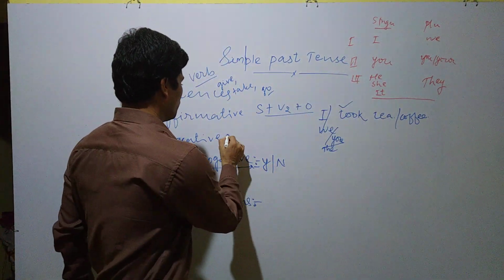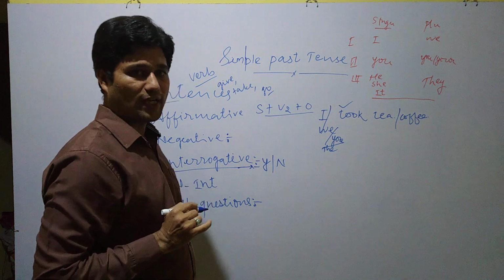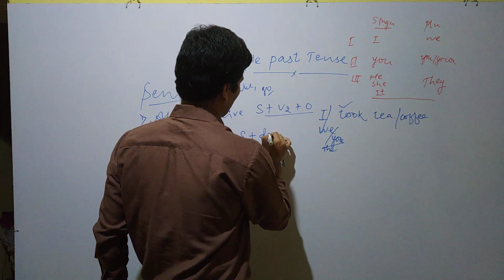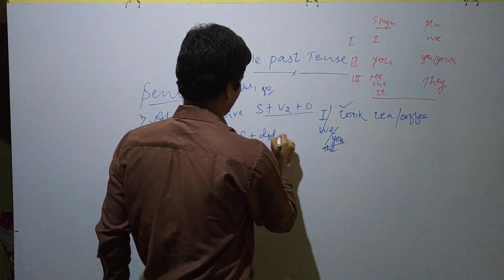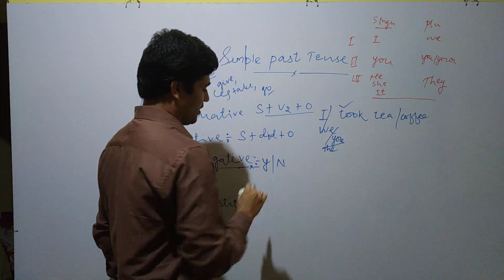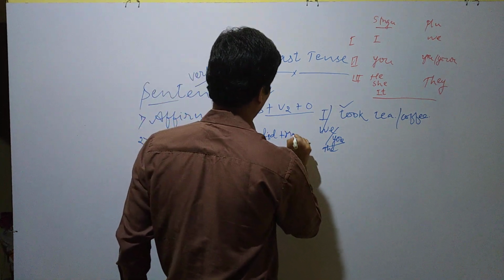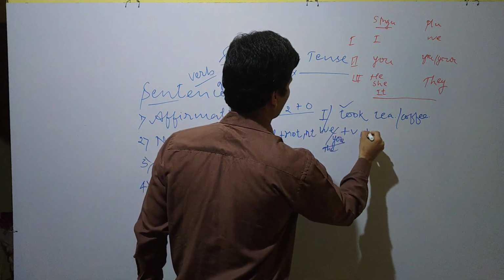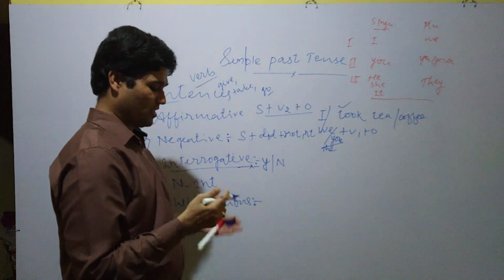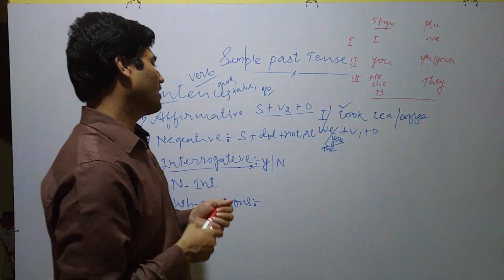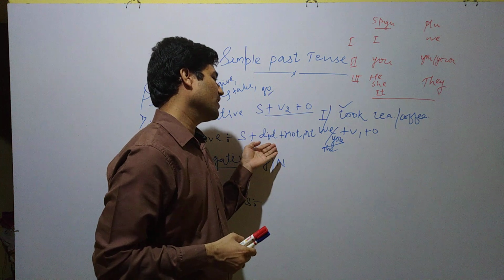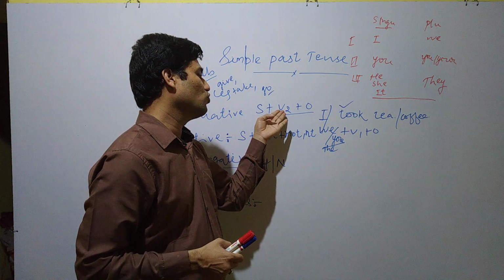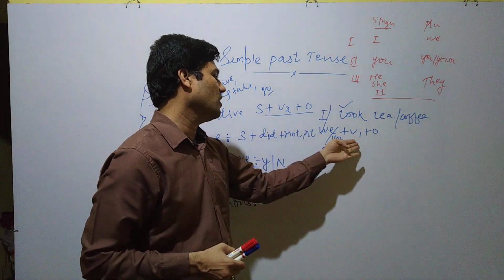Now take the negative type of sentence. Here the formula is subject, then the do form of verb, that is did, then not or n't, then V1, then object. Here you must understand that when we take the did form, we cannot take the V2 form, because we must take the V1 form.